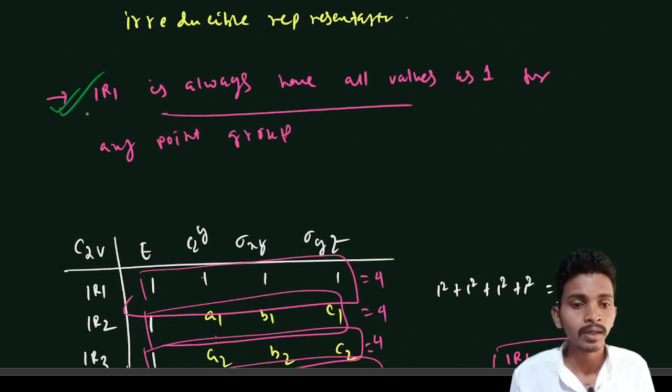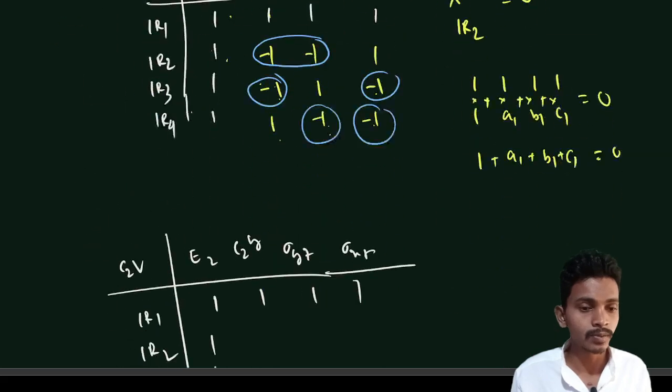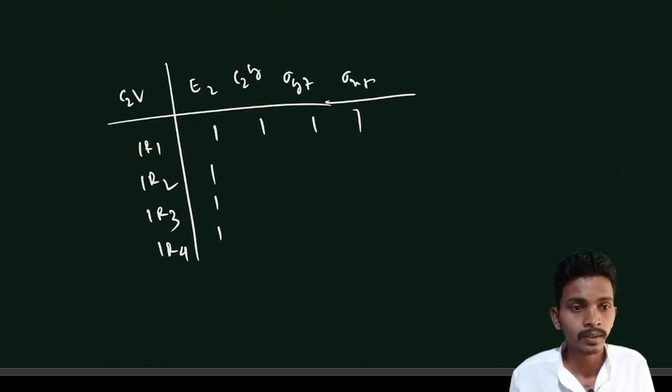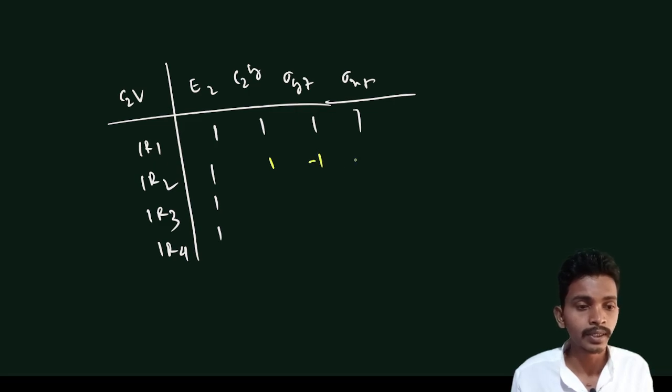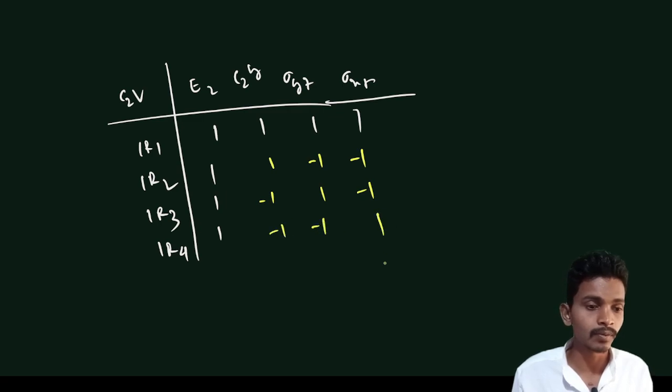I've written here that IR1 always has all values as 1 for any point group. That's why I write 1 1 1 1. Now the next I will write 1 1 minus 1 minus 1, and then 1 minus 1 1 minus 1, and this will be 1 minus 1 minus 1 1.